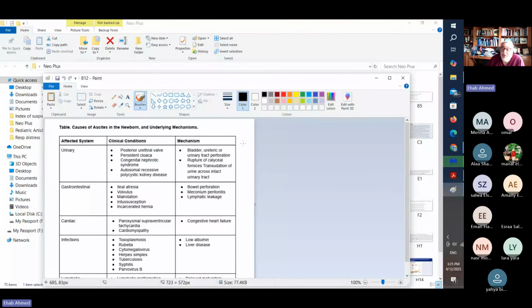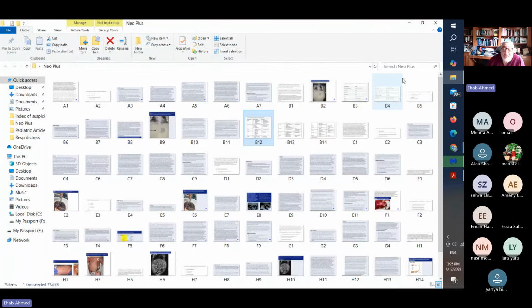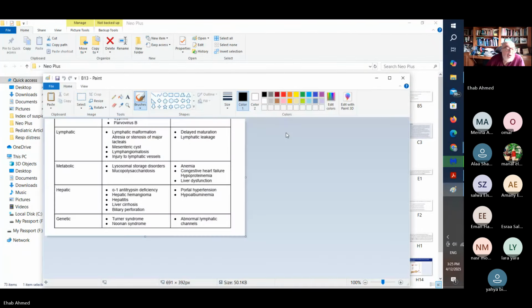And I will send all these tables to you. And this is the rest of the table. It also shows other causes: lymphatic, metabolic, hepatic, genetic. So it's a long list of conditions.